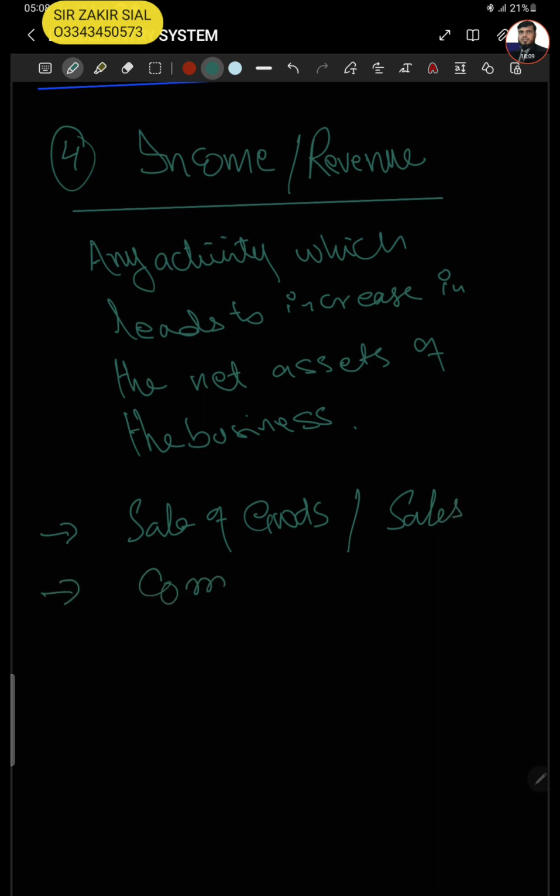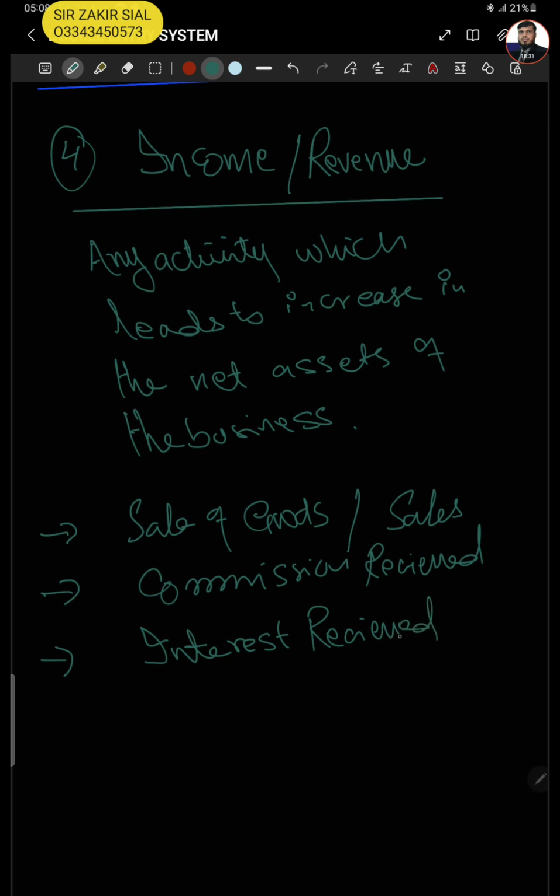Sometimes commission is earned or received. Sometimes we deposit money into the bank and then we receive interest. That is also income for the business.